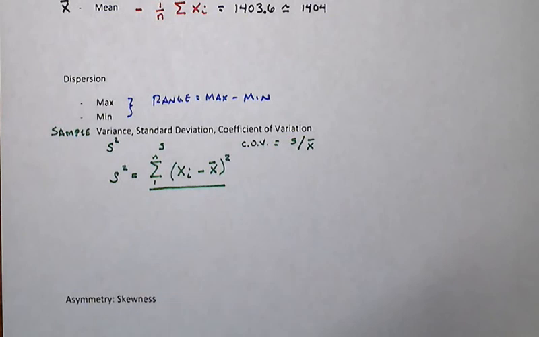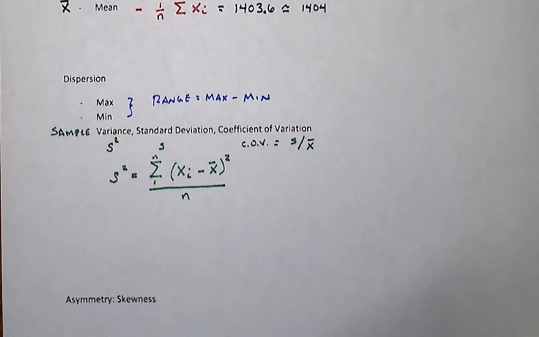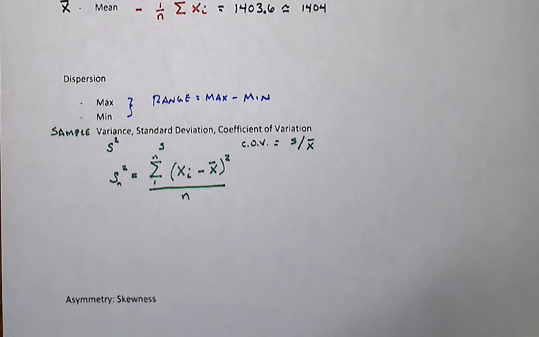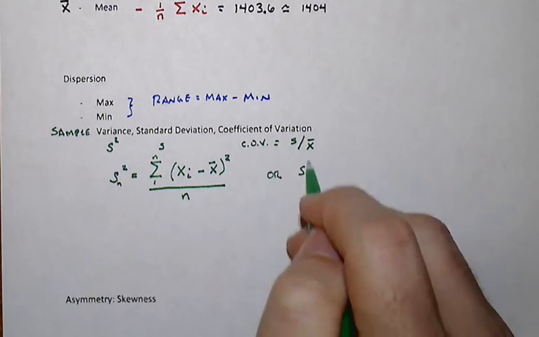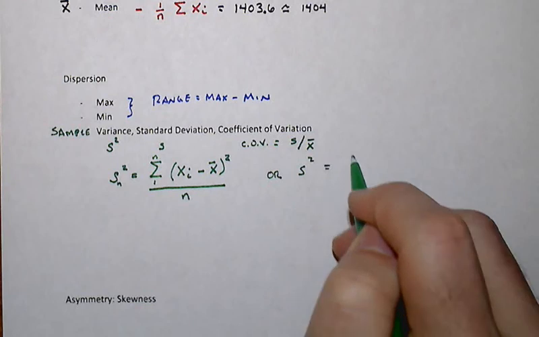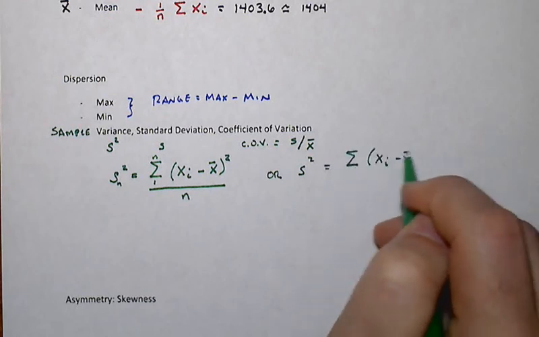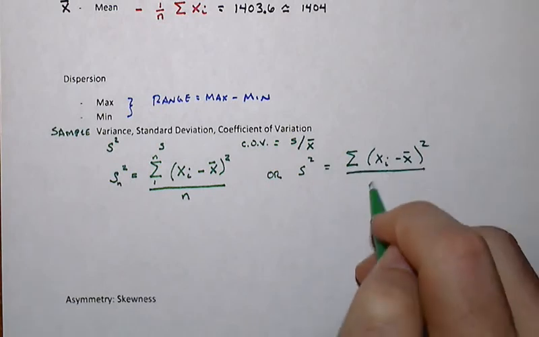You could divide by n. And sometimes when you do that, some people will put a little subscript of n down there. Or you could do this instead as the same sum from 1 to n, and divide by n minus 1.